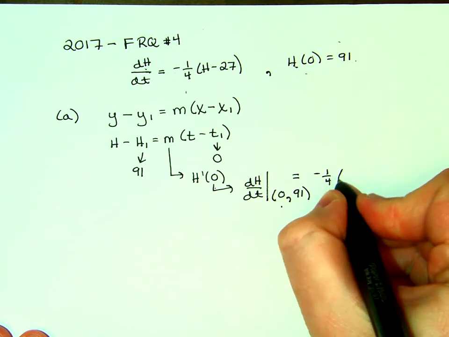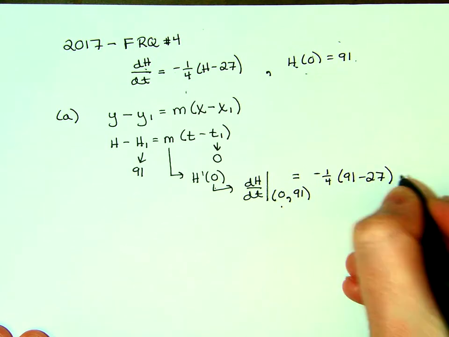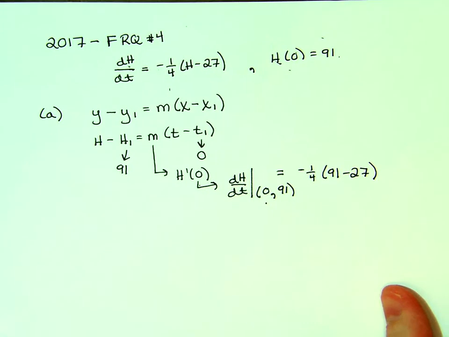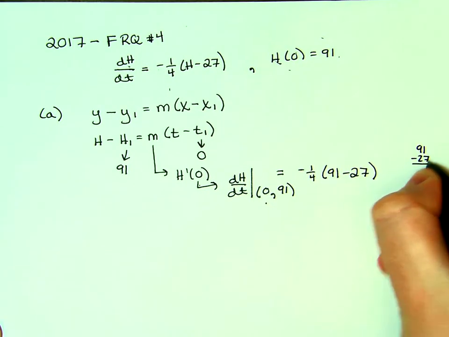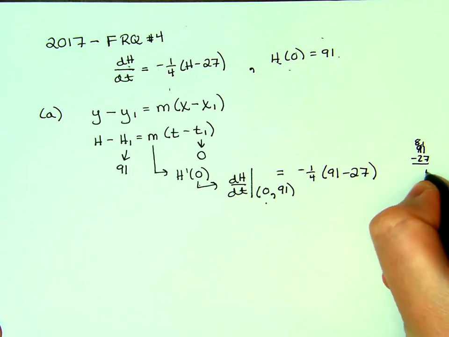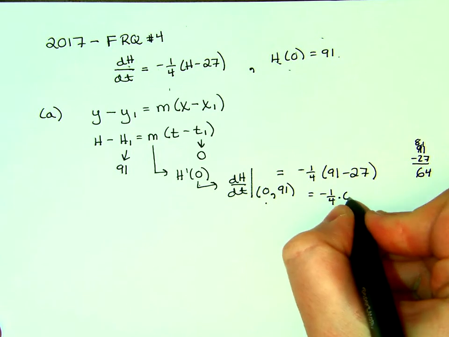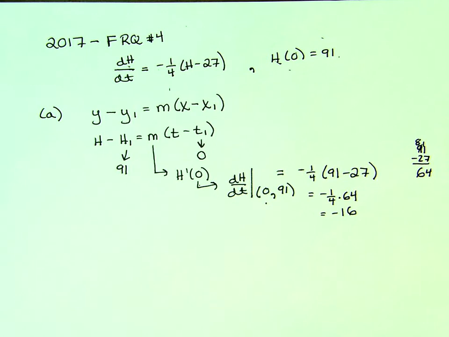I'm going to get negative 1/4 times 91 minus 27. By the way, this was a non-calculator question, so I should proceed without a calculator. 91 minus 27 gives me 64. Negative 1/4 times 64 is going to give me negative 16.